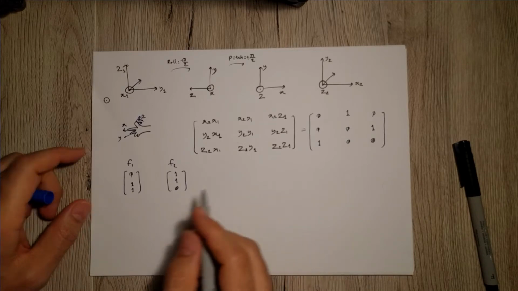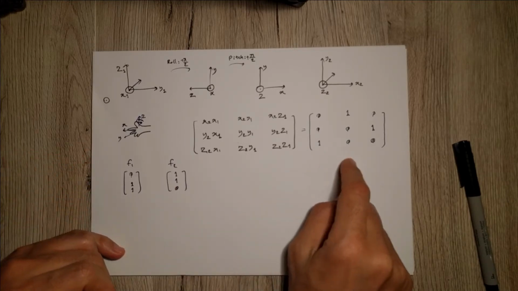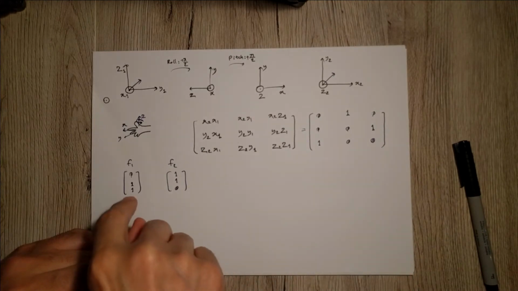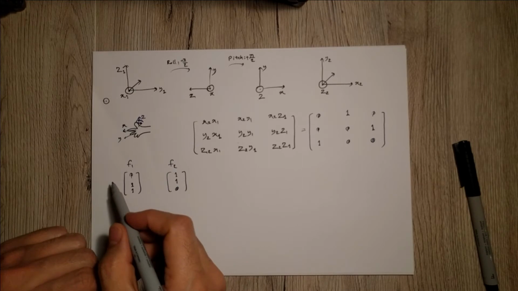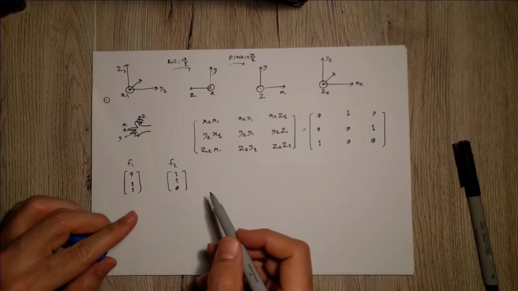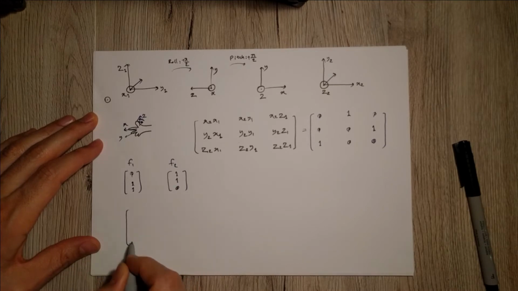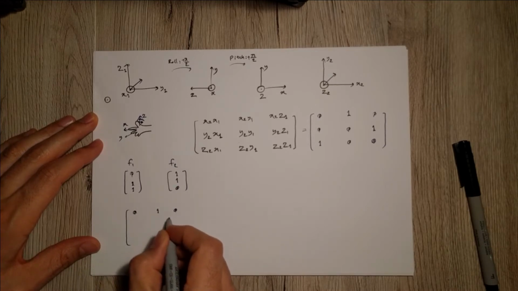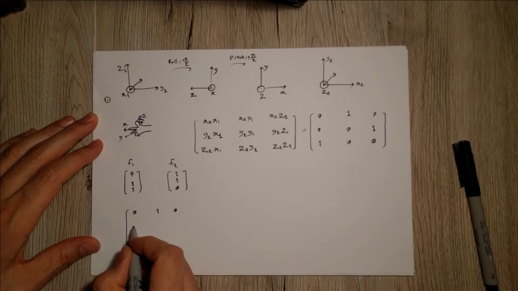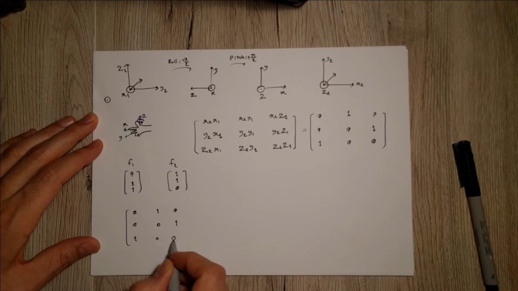If I now multiply this rotation matrix by this vector, I should get this one, because R F1 is equal to F2. Let's see if everything is correct. 0, 1, 0, 0, 0, 1, 1, 0, 0.